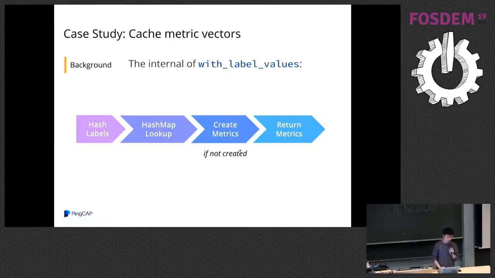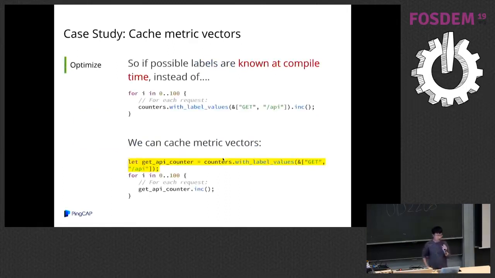So as you can see, the with label values function actually does a lot of things. For example, hash, lookup, and also some branching, and finally it returns the metric. You may notice that there is a simple optimization.